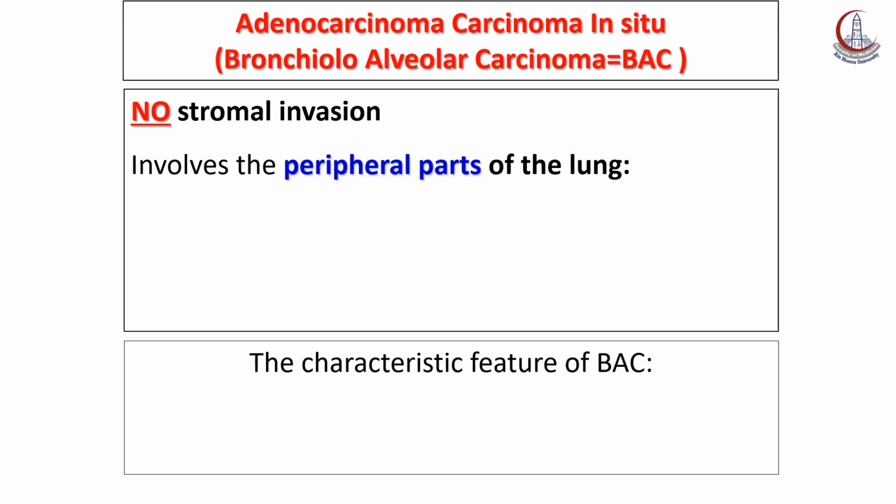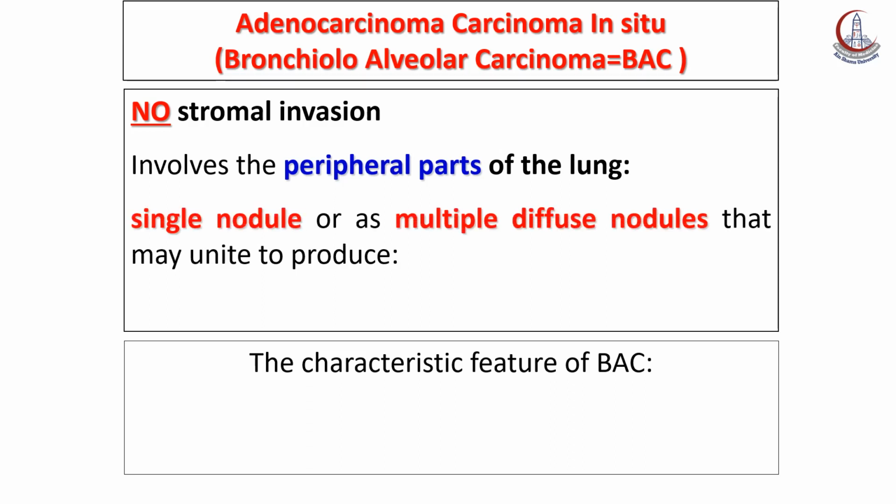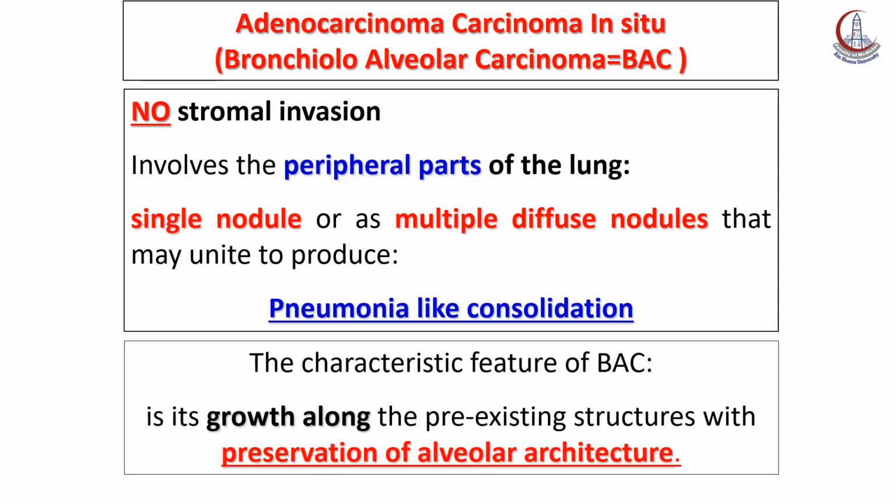In the adenocarcinoma in situ, there is no stromal invasion, involving the peripheral part of the lung in the form of single nodule or multiple diffuse nodules that may unite together, forming pneumonia-like consolidation. The characteristic feature of this in situ is its growth along the pre-existing structure, like the alveolar spaces, with preservation of alveolar architecture.